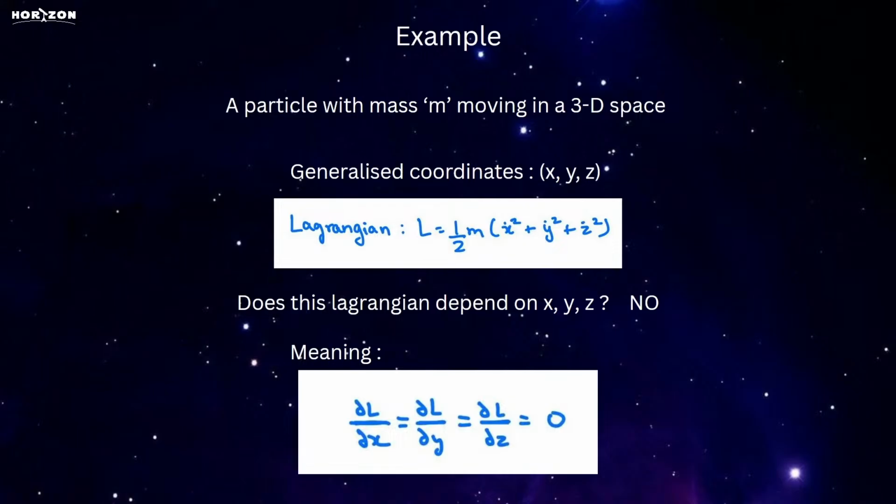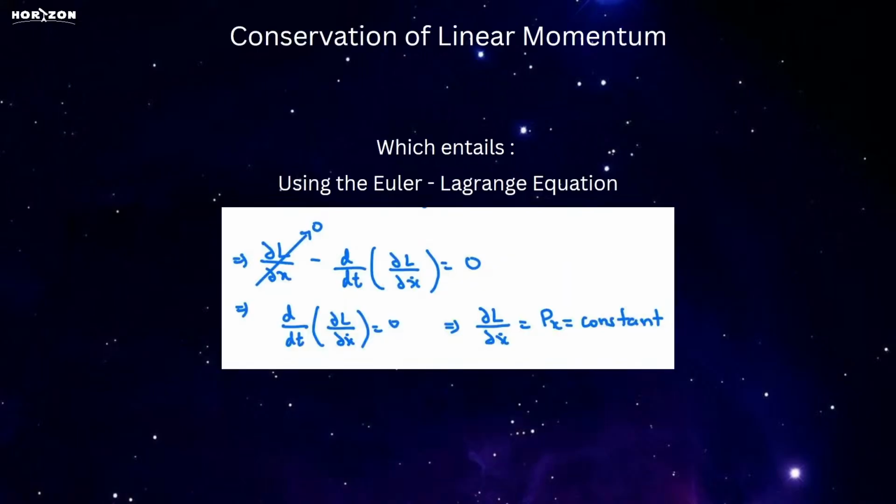And the answer is the same, no. So, the partial differentiation of the Lagrangian with respect to these generalized coordinates would be equal to 0. And so, there is a symmetry, and so there is a conserved quantity. And upon simply using the Euler-Lagrange equation, we get the quantity, which in this case would be the linear momentum. So, as you can see here, we just proved the conservation of linear momentum.